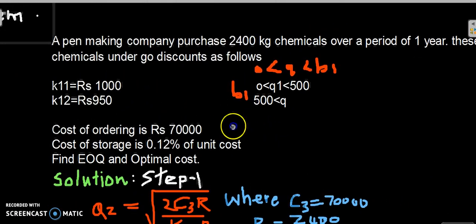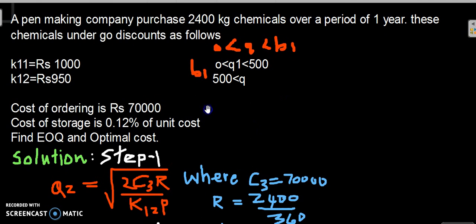Now look at that. A pen making company purchased 2,400 kilograms of chemicals over a period of 1 year, that is 360 days. These chemicals undergo discounts as follows.